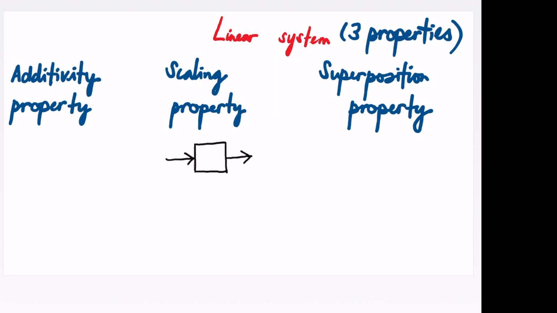Now, let's say the system receives x1 as the input and y1 as the output. Let's say the same system receives a different input called x2 and produces, of course, a different output y2.